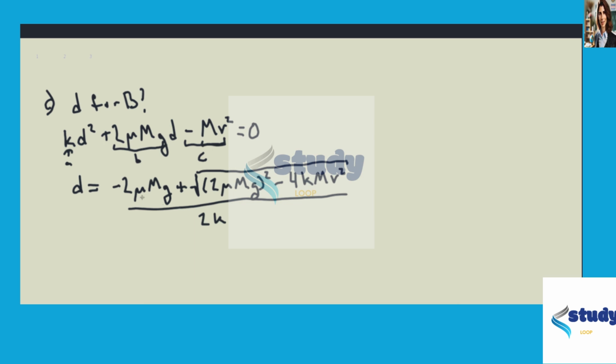We know that the mass of bullet B is 8.1 times 10 to the negative third kilograms, and its speed is 288 meters per second.